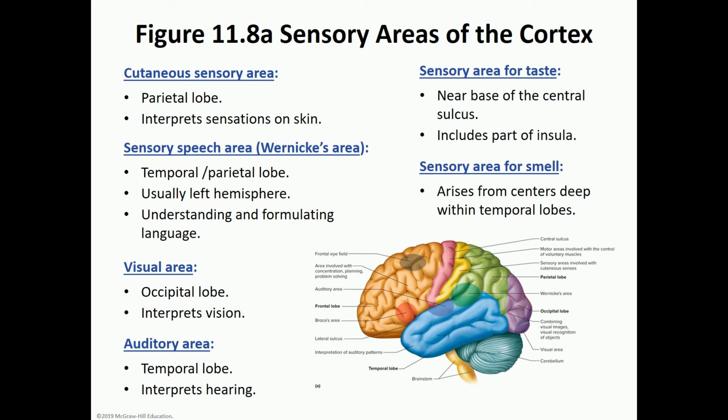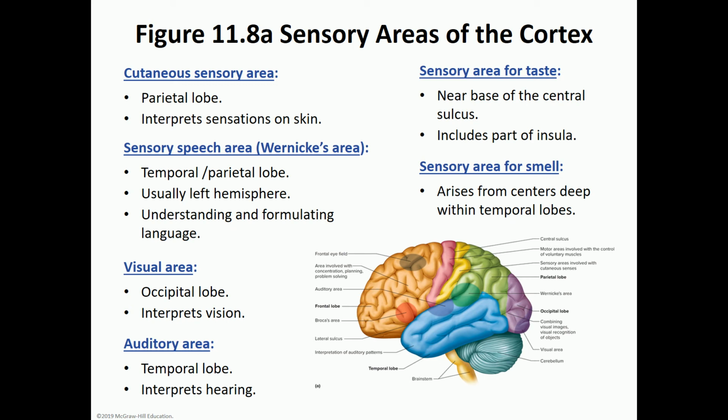First off, I'm actually going to leave this cutaneous sensory area to the last. I want to talk first about the sensory speech area or Wernicke's area. And that is that green area right here. And you can see here it's taking part of the parietal and part of the temporal lobe. This is found usually on your dominant hemisphere. Most of us have a dominant hemisphere on the left side.